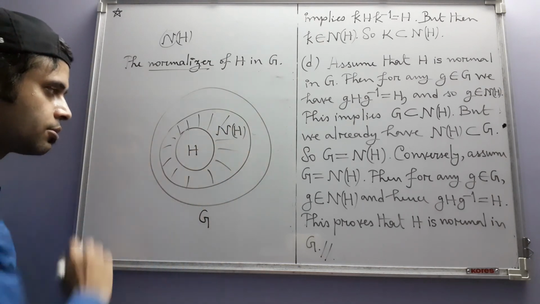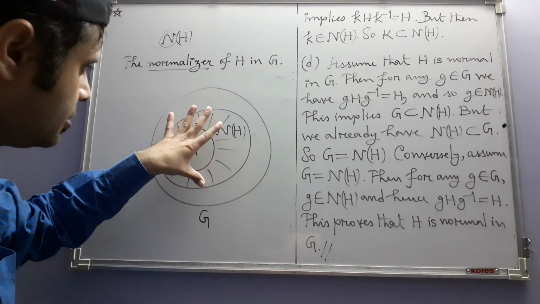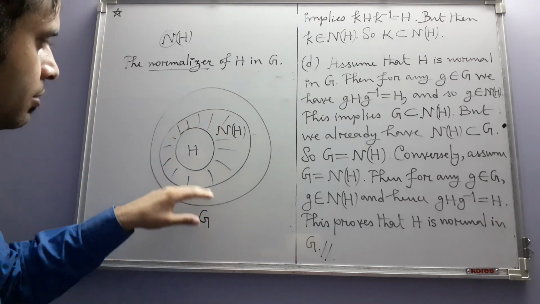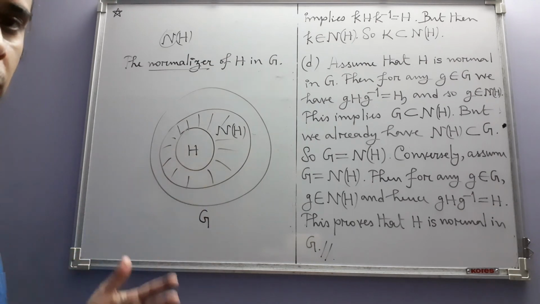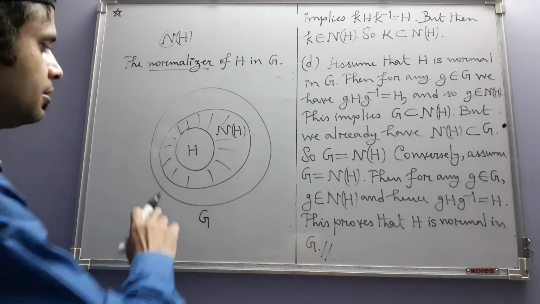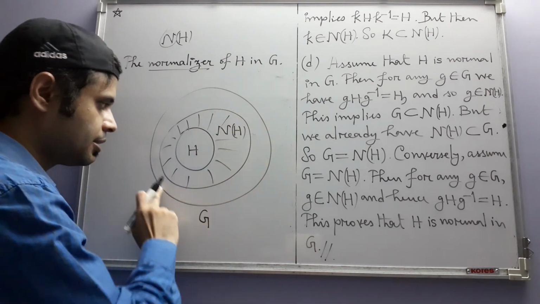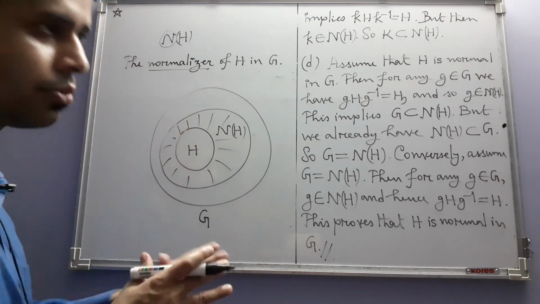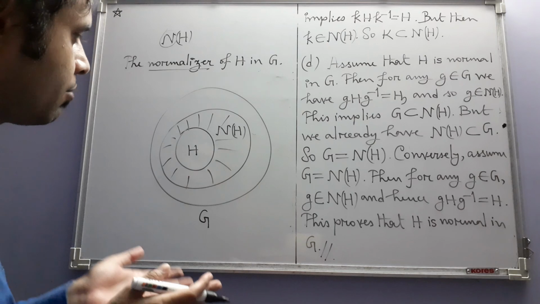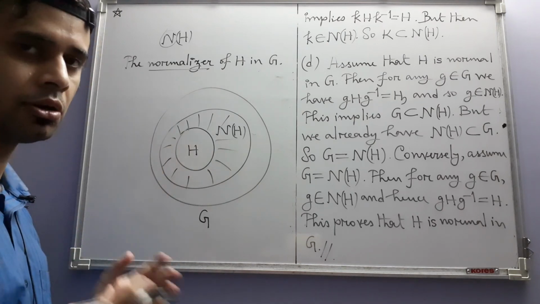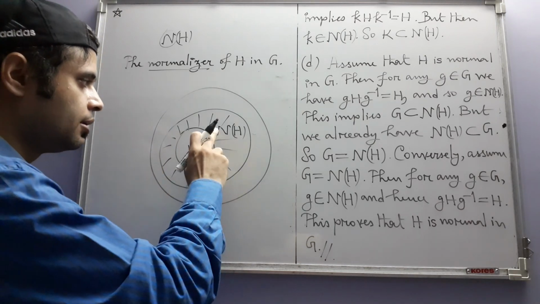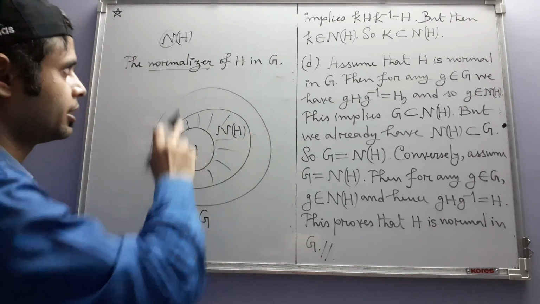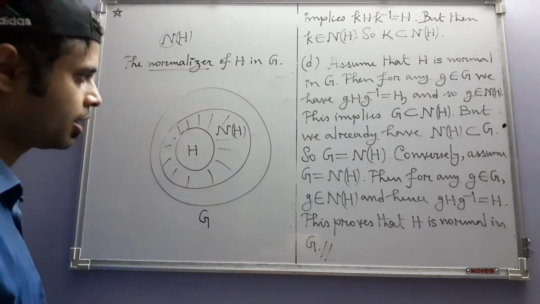What more is true, NH is the largest subgroup of G in which H is normal. That means NH gives H the largest possible environment in which it can be normal. In that sense, NH normalizes H. So that's why the name is normalizer.